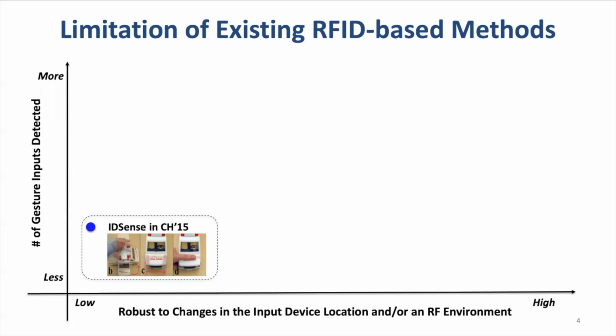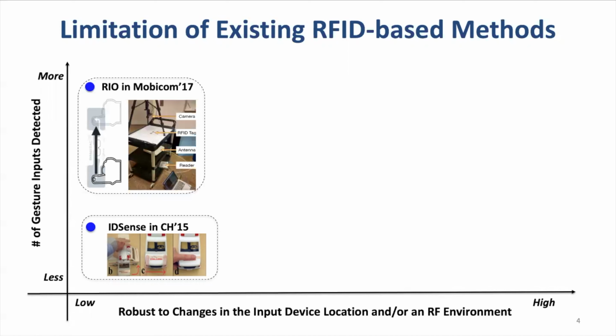To increase the number of gestures, RF-Finger uses fine-grained phase information. However, both systems suffer large errors when there are changes in the device location or the RF environment.